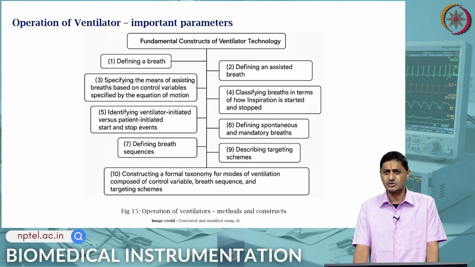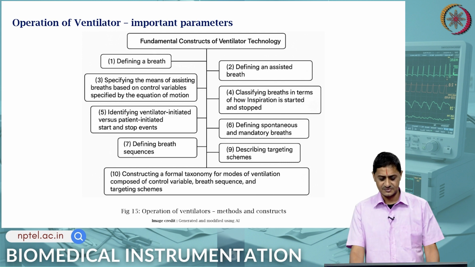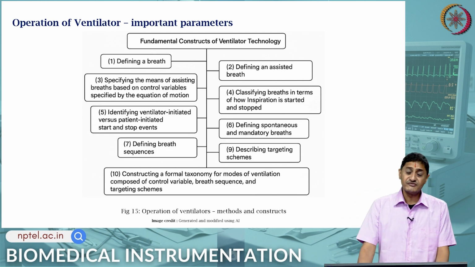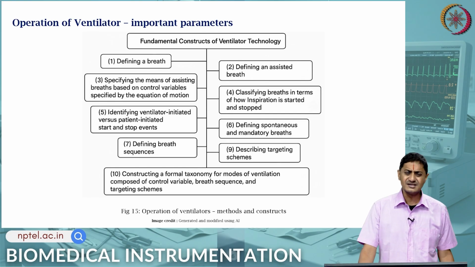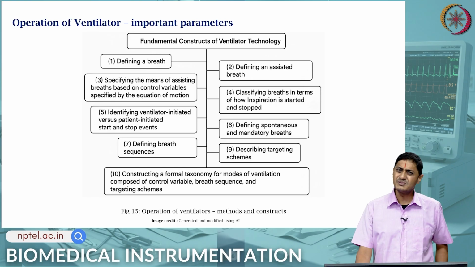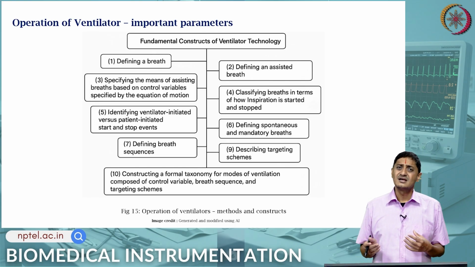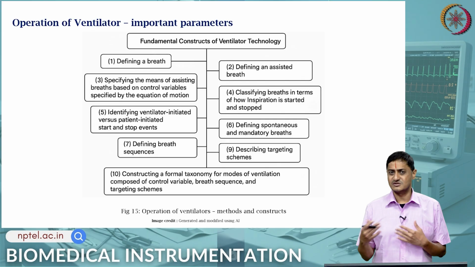We gave this as input to AI and the image has been generated, but of course the input is given by us. Okay. So, first you need to define what a breath is. We already did this in one of the previous videos. What is a breath? A breath is a cycle that is composed of an inspiration and an expiration.